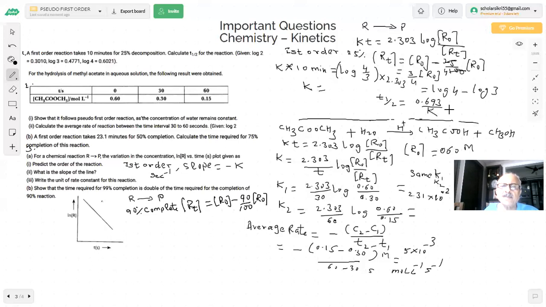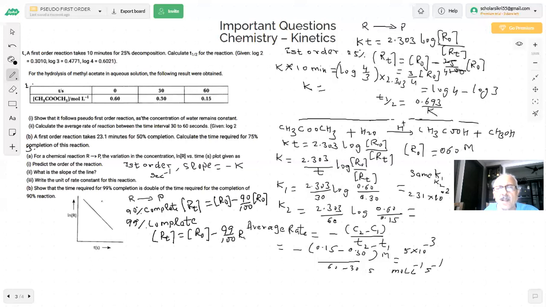And when it is 99% complete, how much will be left? Rt is equal to R0 minus 99 by 100 into R0.